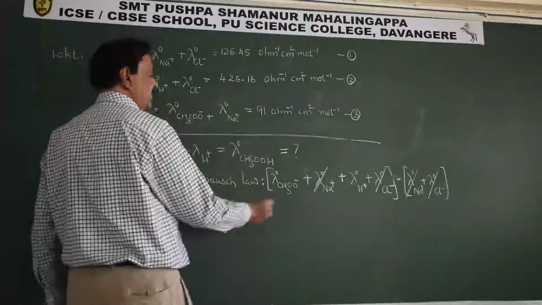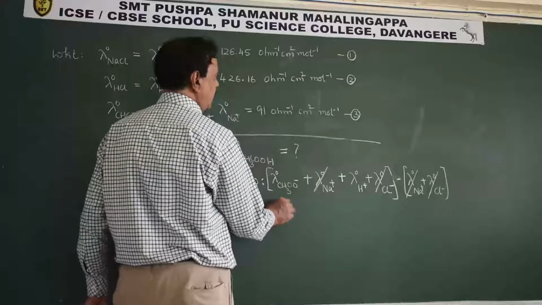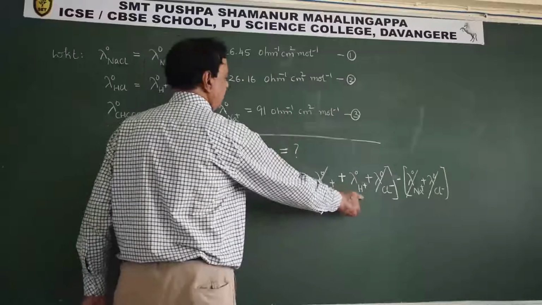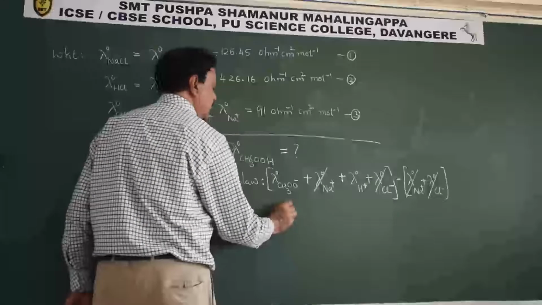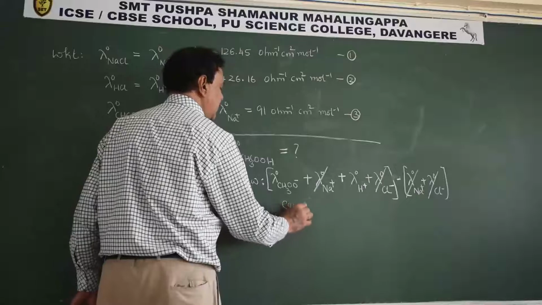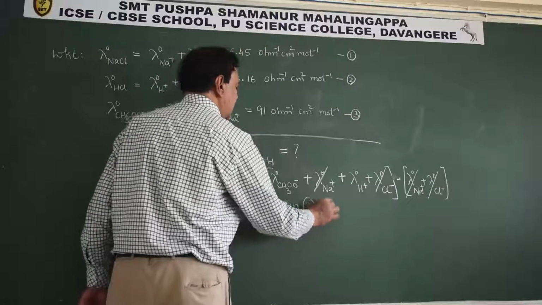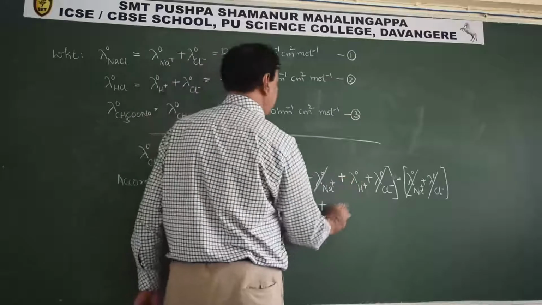Therefore, you have to add equation number 3 value and equation number 2 value, and subtract equation number 1 value.